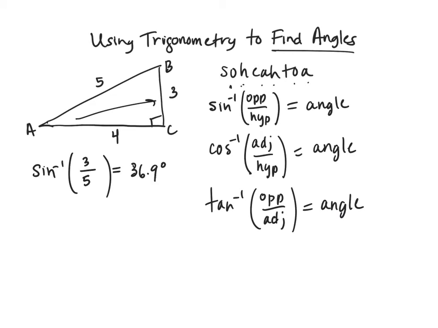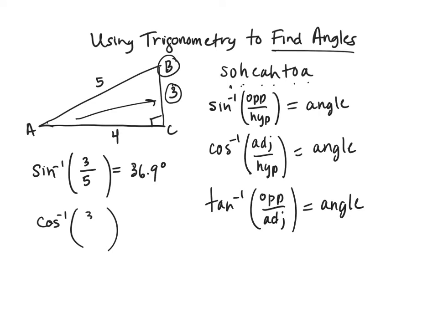If I wanted to find angle B, I could use cosine. And again, I'm looking for an angle. That means I'm going to use the inverse. And what I punch in then is a ratio, not an angle, but a ratio. And cosine is adjacent over hypotenuse. So if I look at angle B, the side next to it, the adjacent, is 3.